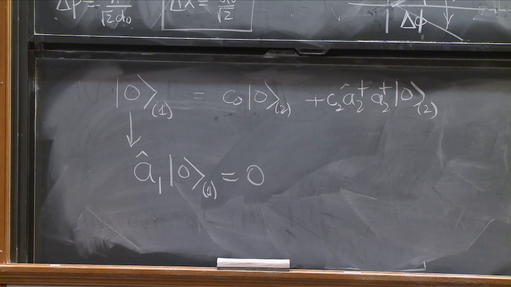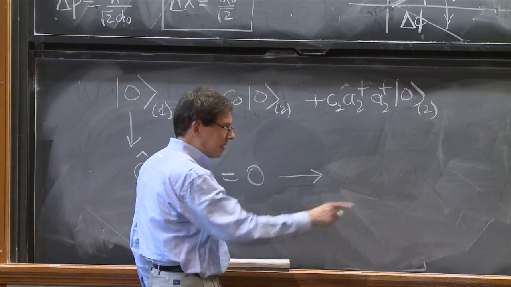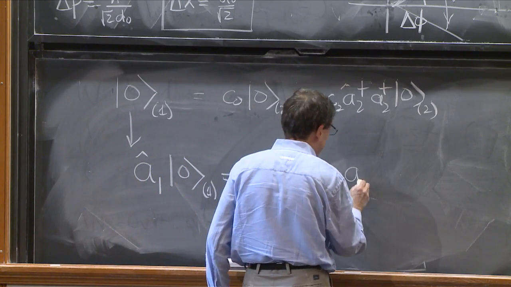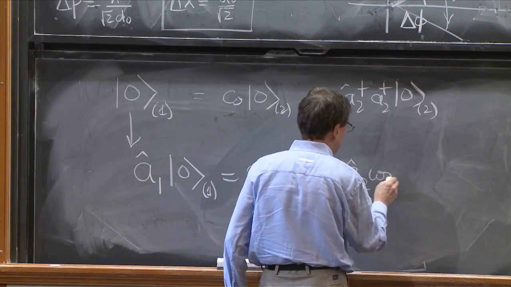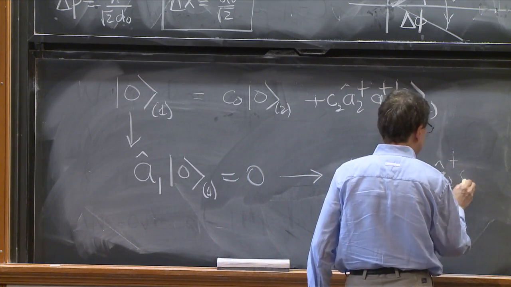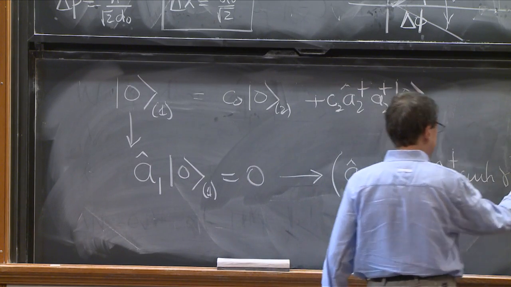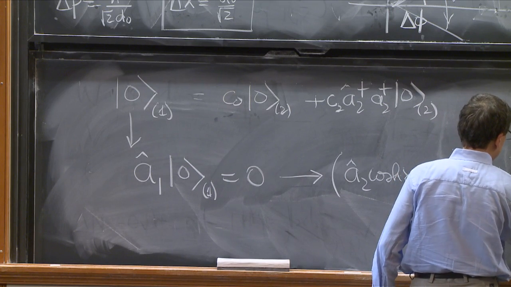It's killed by A1. But that A1 is an interesting thing. It's A2 cosh gamma plus A2 dagger sinh gamma, and that thing must kill that state.